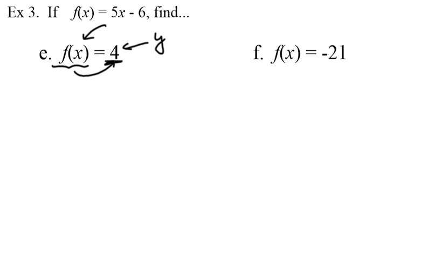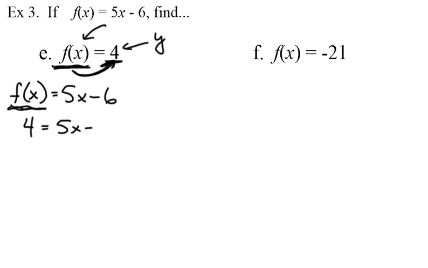So if I go to my function, f at x is 5x minus 6, what do we know f at x is? F at x is 4. So that's my resultant for 5x minus 6. I don't know what x is, so I have to solve it with a little bit of algebra.